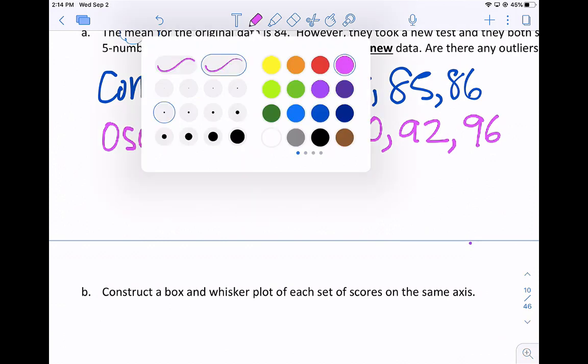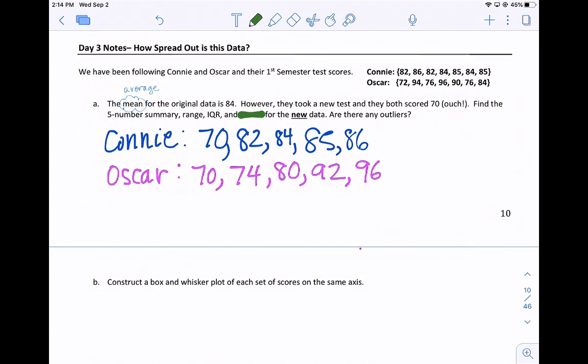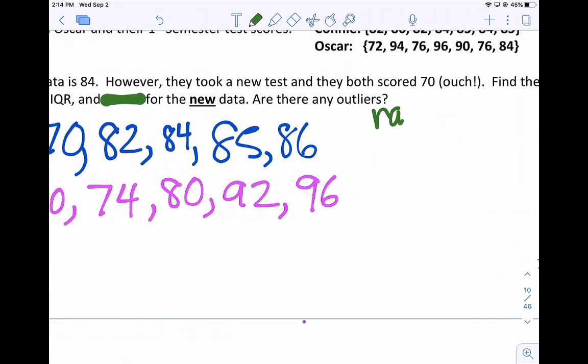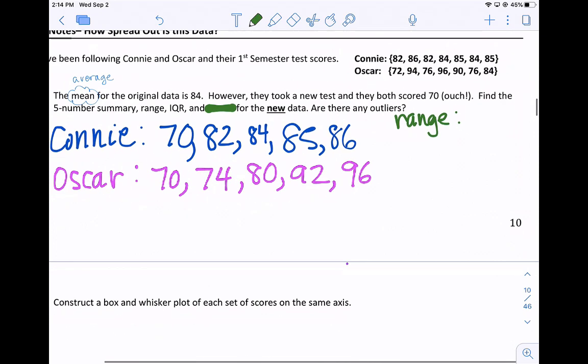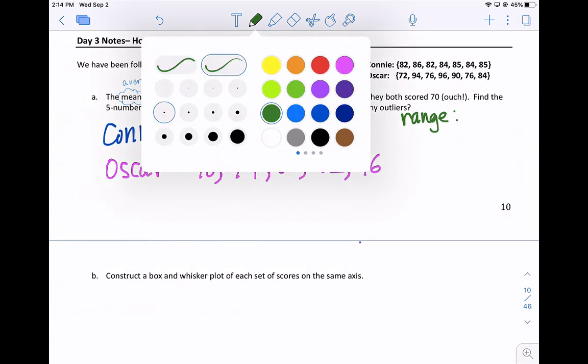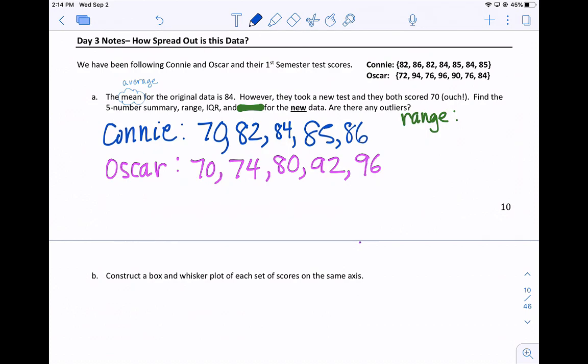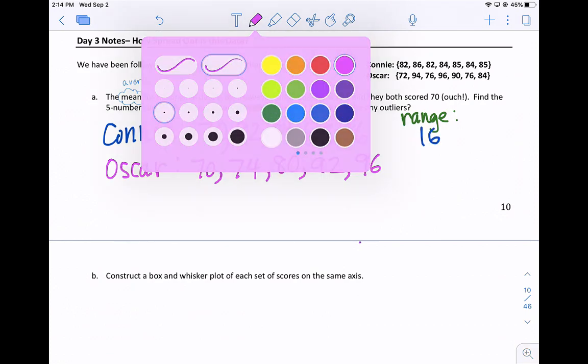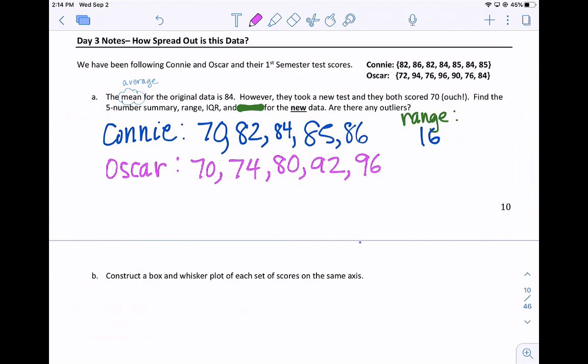Next, find the range and the IQR for each. Okay, so let's do range. Range is maximum minus minimum. So for Connie, 86 minus 70 is 16 for Connie's range. For Oscar, 96 minus 70, so what is that, 26? So there's their range.